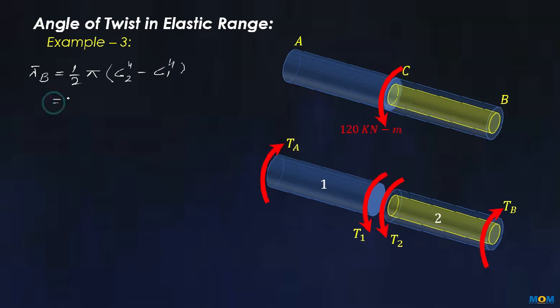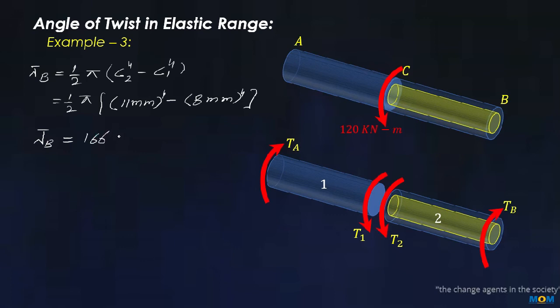So that is going to be half pi into outer radius, that is 11 millimeter raised power 4, minus the inner radius, that is 8 millimeter raised power 4. After solving this, the value of JB is going to be 166 into 10 raised power minus 6 meter 4.